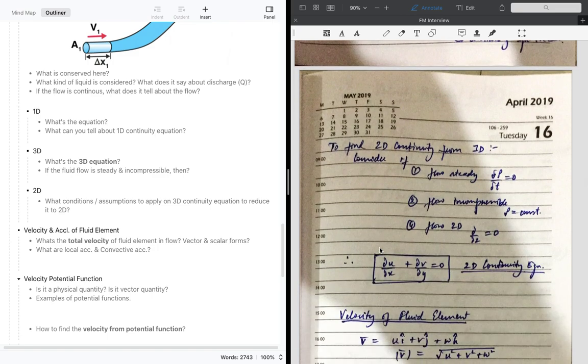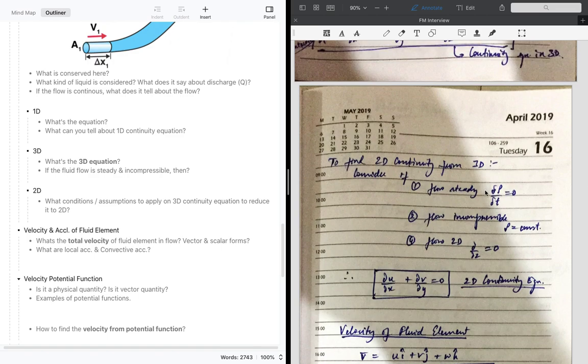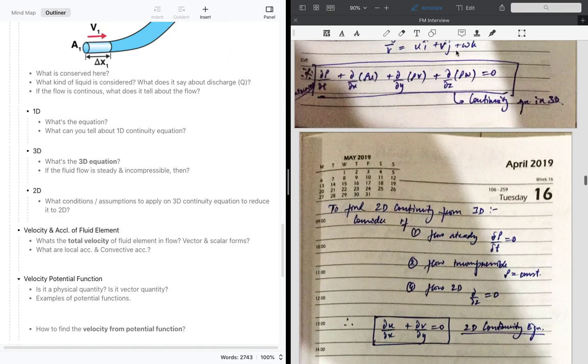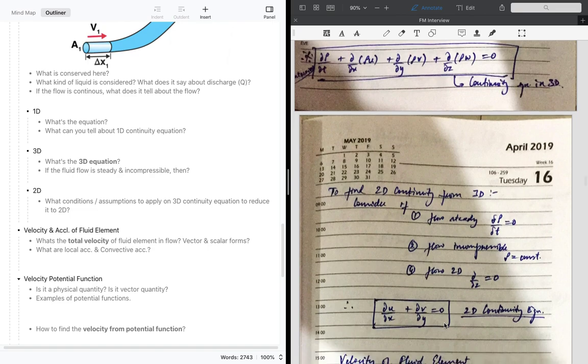For this, we have to assume that the flow is steady, that means the density doesn't change with respect to time, and the flow is incompressible, that means the change in density is 0. And it is 2D, that means the third velocity component is not applicable. So when we put that in, these terms cancel out, and we finally get ∂u/∂x plus ∂v/∂y is equal to 0. This is the 2D continuity equation.